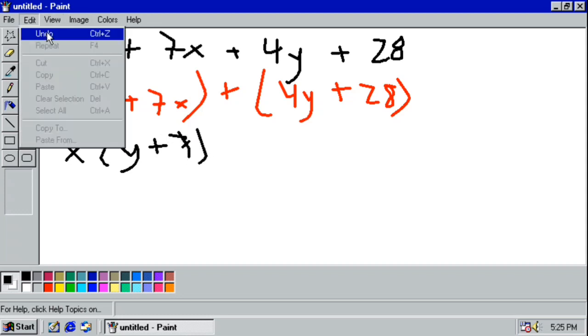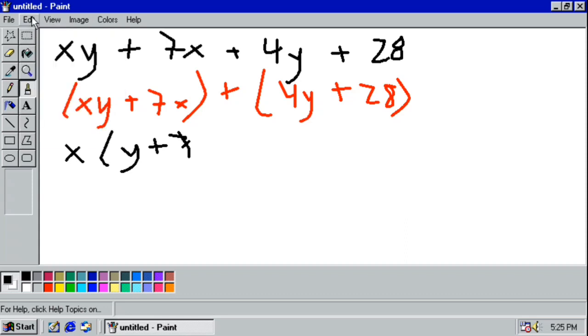Now find the common factor of the second group, which is 4. 4y divided by 4 is just y, so the 4 will cancel, plus positive 28 divided by 4 is positive 7.